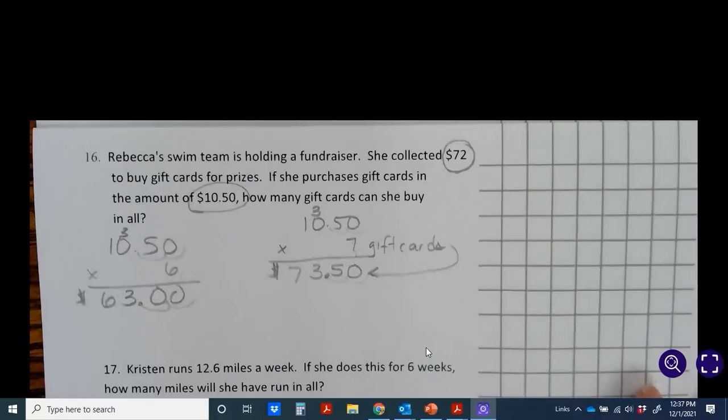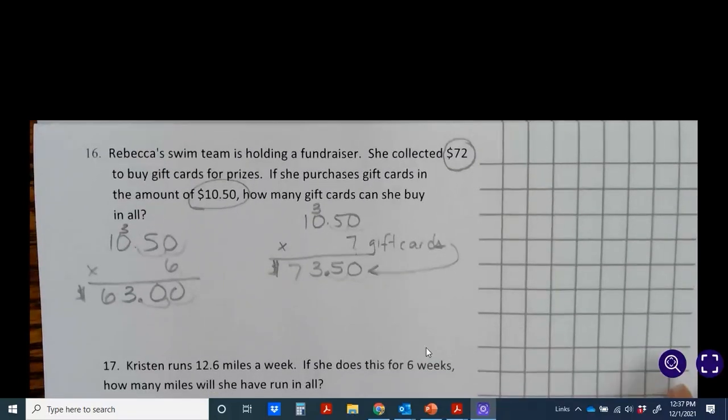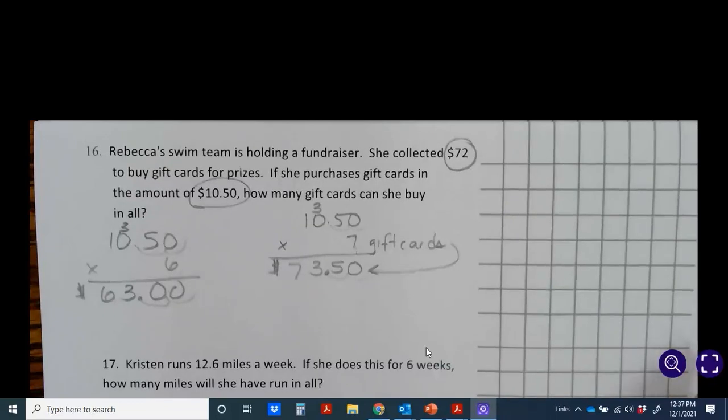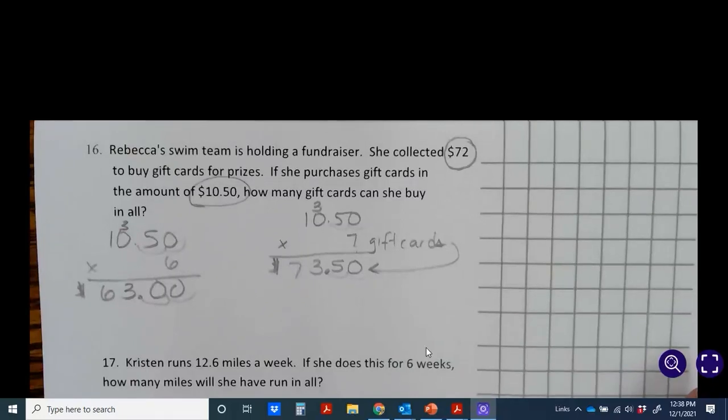You could divide for this problem, but remember there's different ways to solve problems like this. This is more of a mental math problem. Think about real life and what you would do if you were going to a store. I wouldn't necessarily write this down on a piece of paper. I might do it mentally, okay?